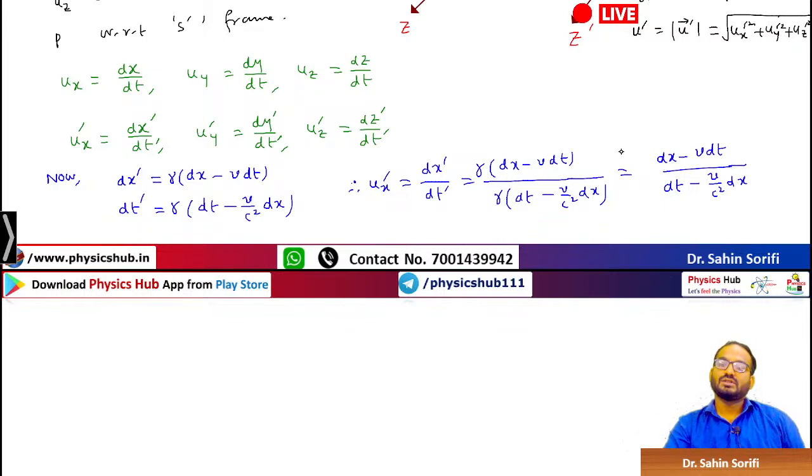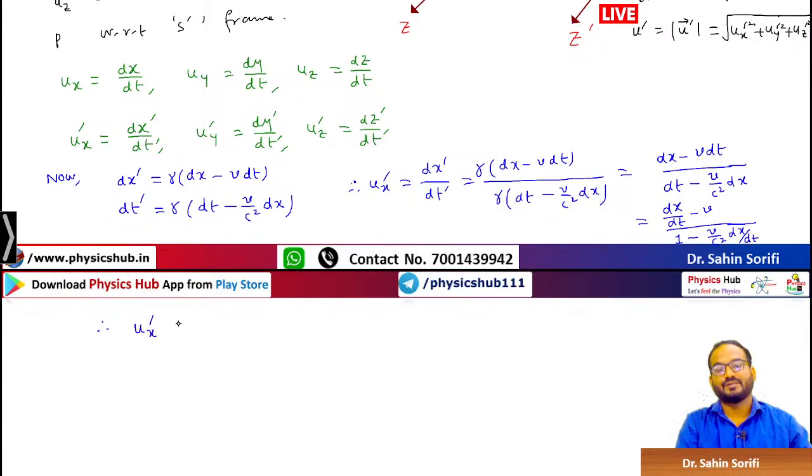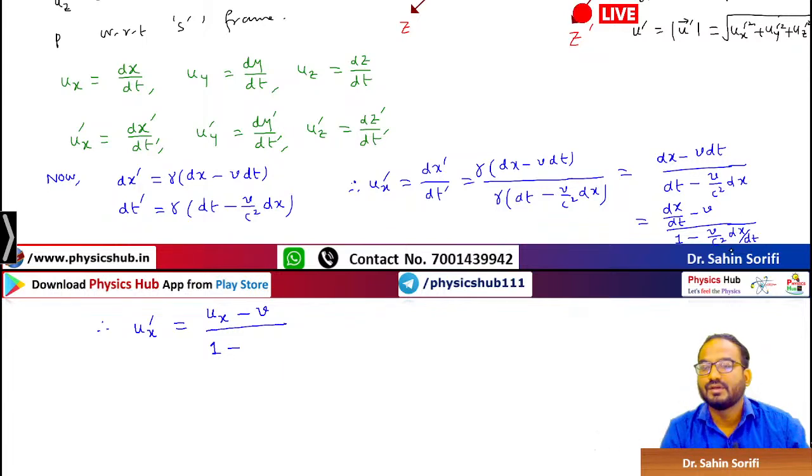Now if I divide both numerator and denominator by dt, so you get dx by dt minus v, and in the denominator you get 1 minus v by c square times dx by dt, and that is why we write ux prime is equal to dx by dt, which is ux, minus v, divided by 1 minus ux into v divided by c square.